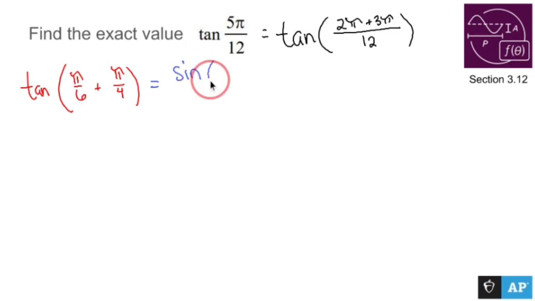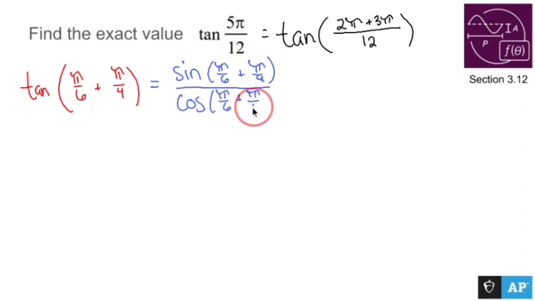So I can write this out as sine of pi over 6 plus pi over 4, all over cosine of pi over 6 plus pi over 4. Okay? And then I deal with each one individually, which is not going to be super pleasant. But that's what I get for not having tangent memorized, because honestly, I don't have it memorized.